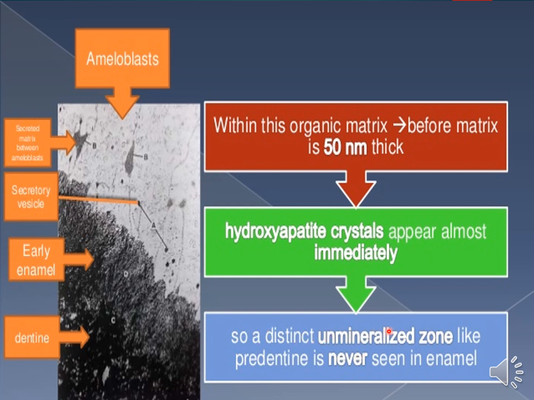So there is no unmineralized zone of enamel, as we see in predentin, which is the unmineralized, hypocalcified or less calcified dentin zone seen during dentinogenesis. We can see the matrix vesicles within the ameloblasts.